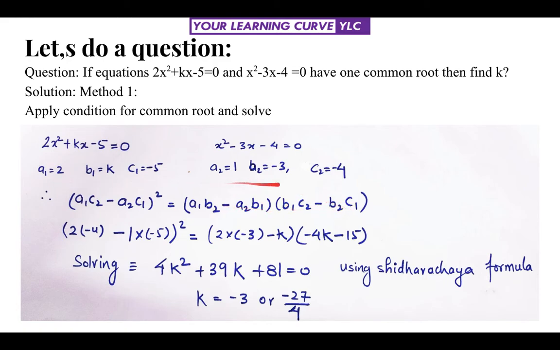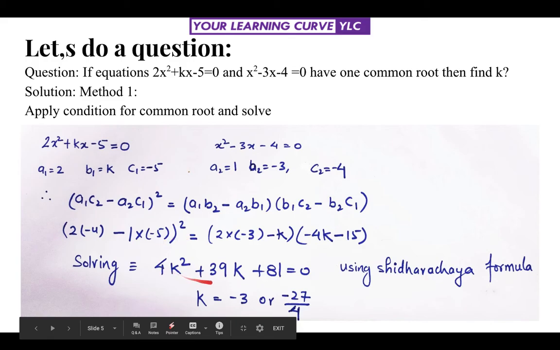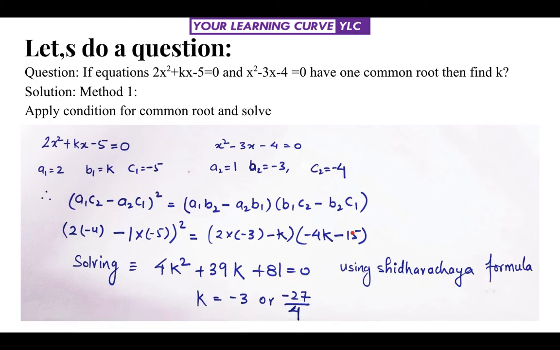You put all these values in this equation, solve, and you will get a quadratic in k: 4k square plus 39k plus 81 is equal to 0. Use Sridharacharya formula or the quadratic formula and get the values of k. k is equal to minus 3 or minus 27 by 4. These two values are your answer.